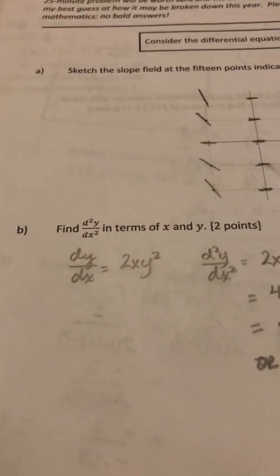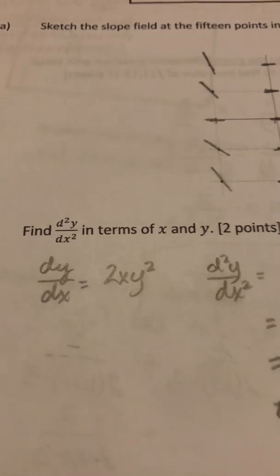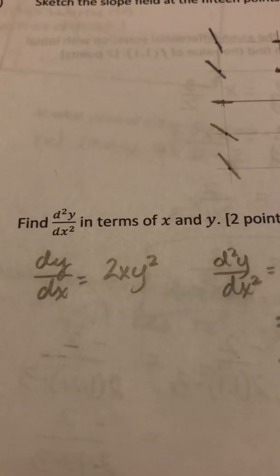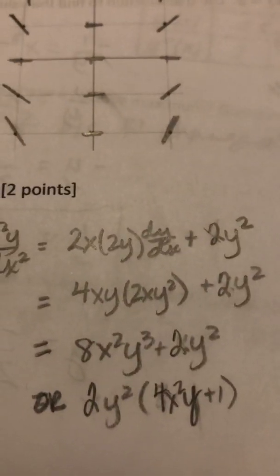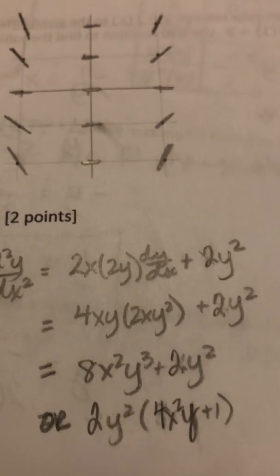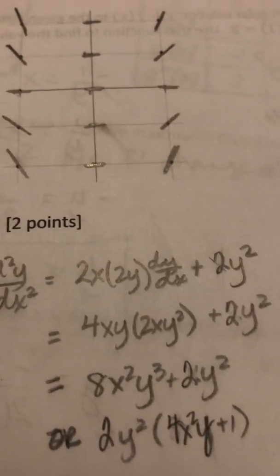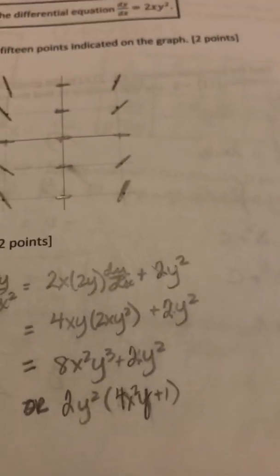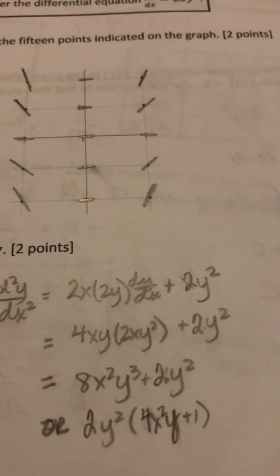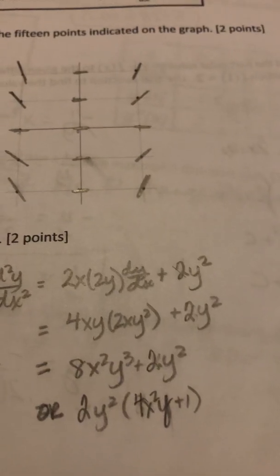So we're going to go to part B, find the second derivative in terms of x and y. If dy/dx is 2xy squared, we have to do a product rule, but it's also implicit differentiation. So the first, 2x, times the derivative of the second, derivative of y squared is 2y dy/dx, plus the derivative of the first, derivative of 2x is 2, times the second, which is y squared.